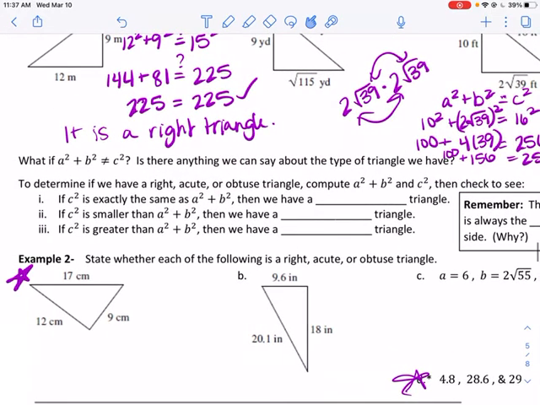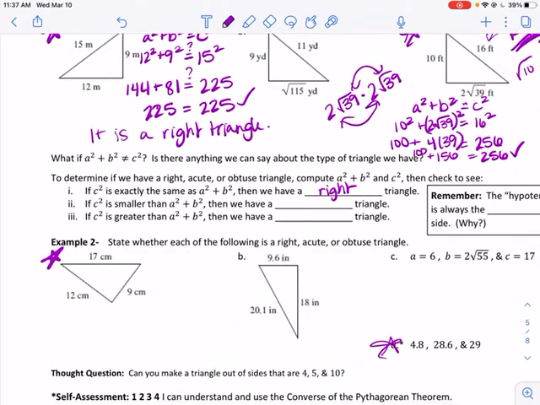So if c squared is exactly the same as a squared plus b squared, then we have a right triangle. If c squared is smaller than a squared plus b squared, then that means that longest side is a little bit shorter. And a shorter side means a smaller angle. So then we call it an acute triangle because that means that no angle is 90 degrees or bigger.